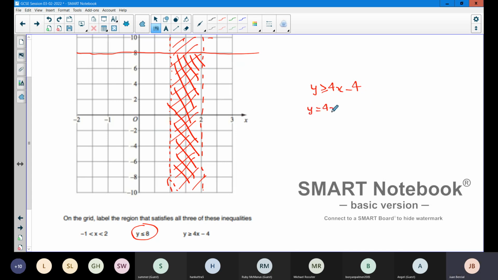So if we try to plot this one here, for example, when x is equal to 0, y is -4.